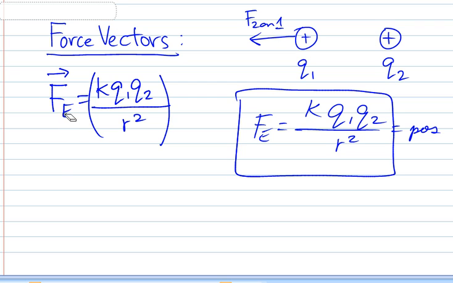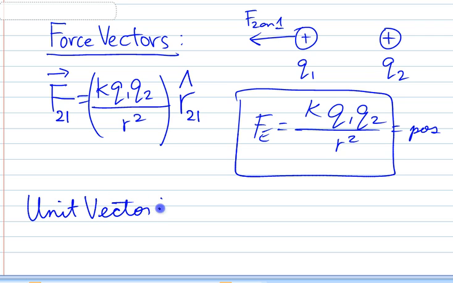So if instead I say that this is the electric force between 2 and 1, then I need something called a unit radial vector between 2 and 1. Let me back up a little bit. First of all, let's talk about what we mean by a unit vector.